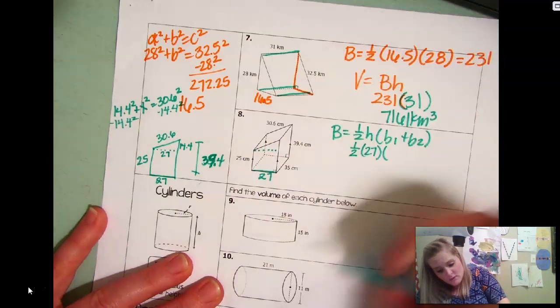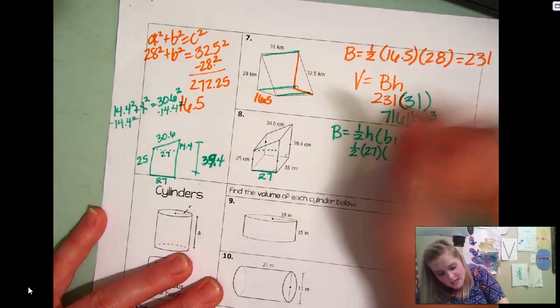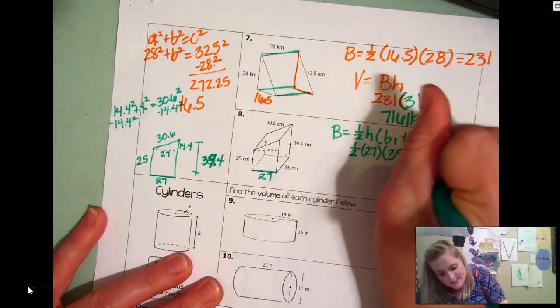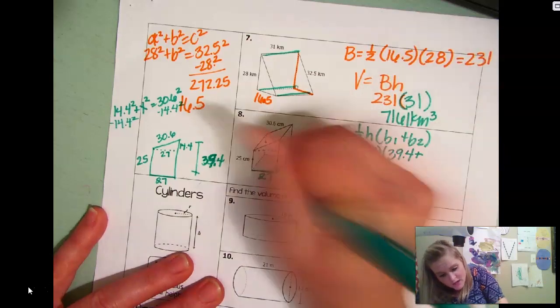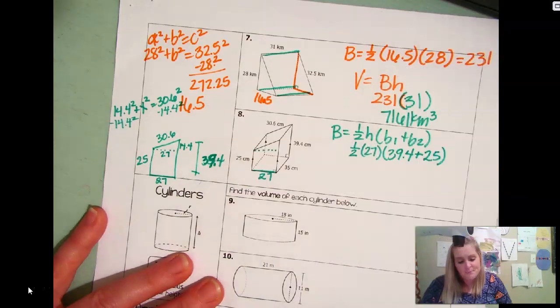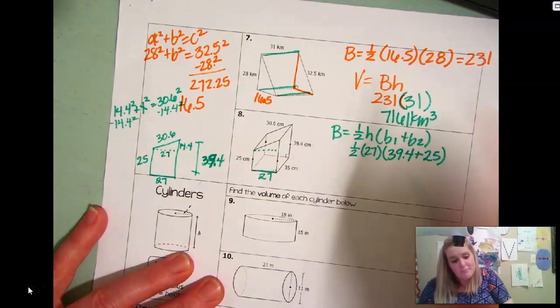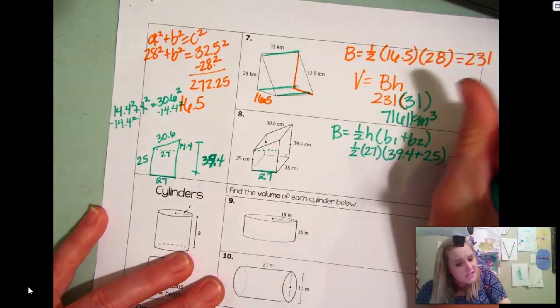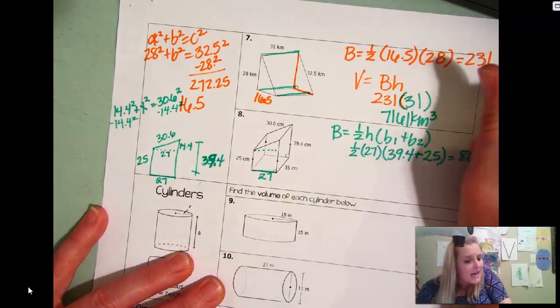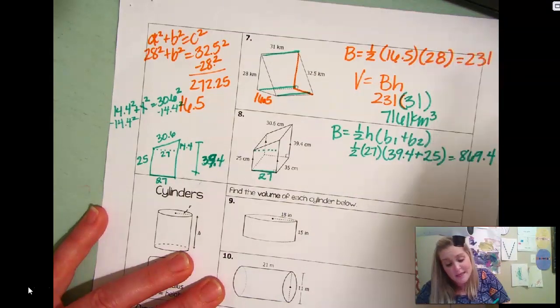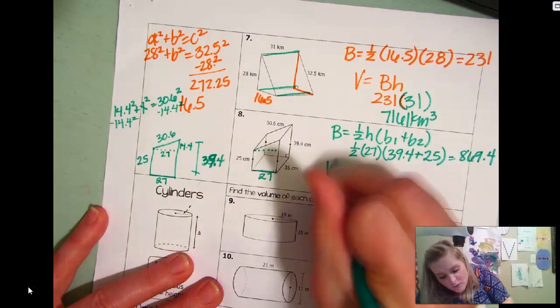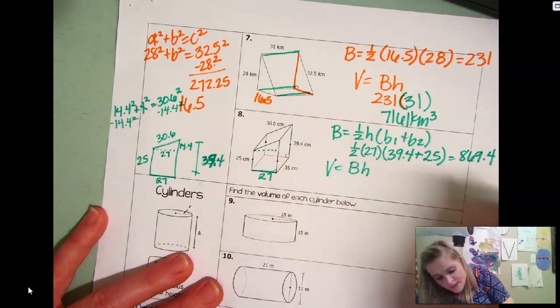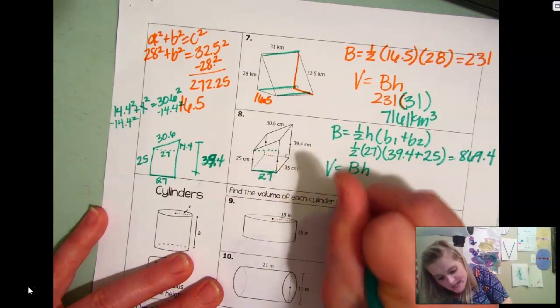Base 1 would be this 39.4 plus base 2, which would be this 25. Okay, so then we do that math, and that is going to give us 869.4. That's the big B. So volume equals big B times height. Well, big B is 869.4.